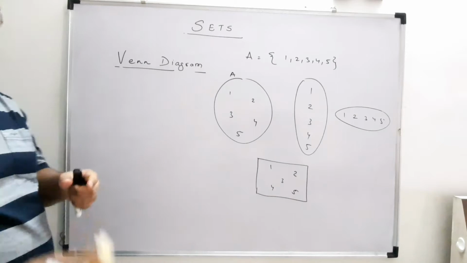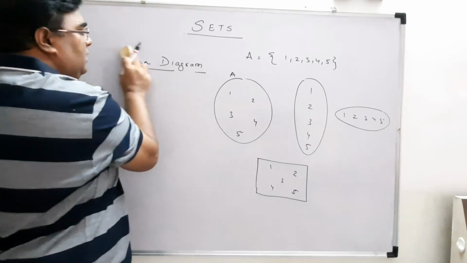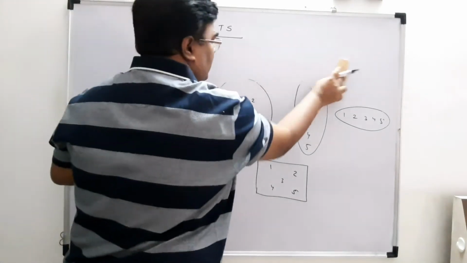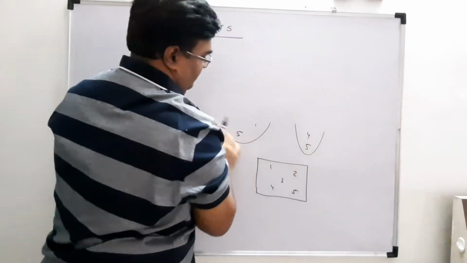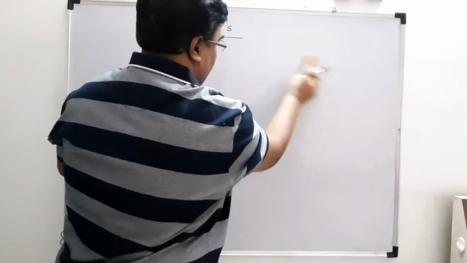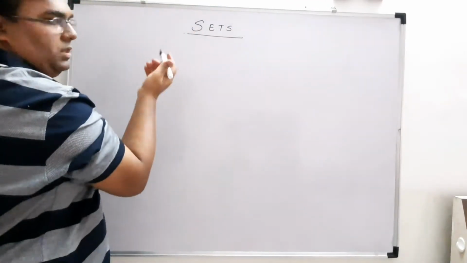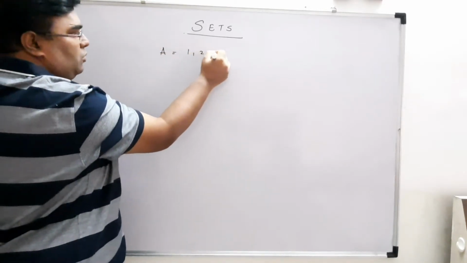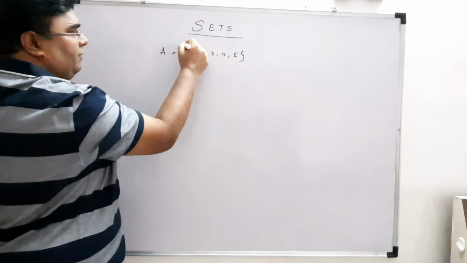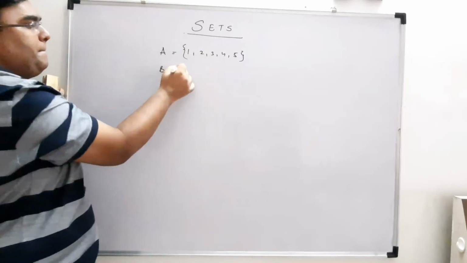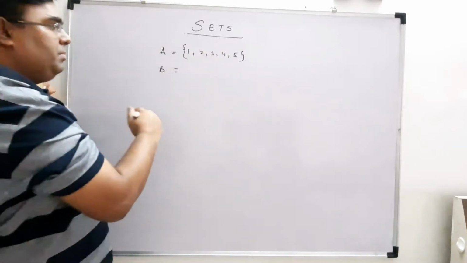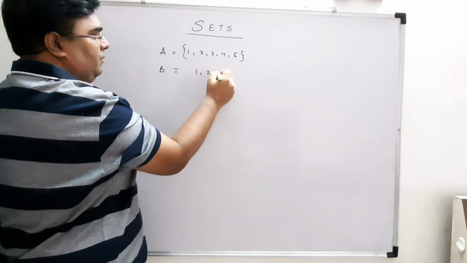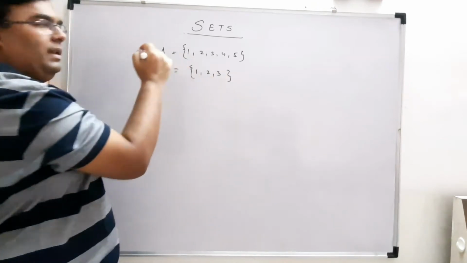Simple. Okay, now let us understand one term which is known as subset. Now, what is a subset? Suppose we have taken A as 1, 2, 3, 4, 5. Now another set B. In this B we have only 3 elements.